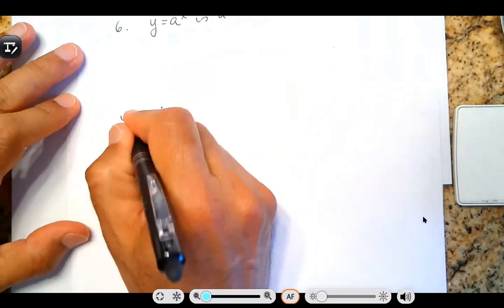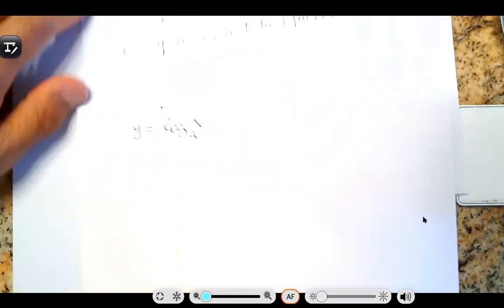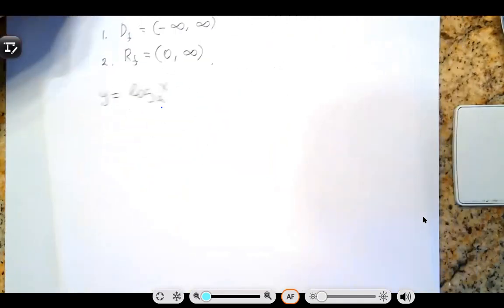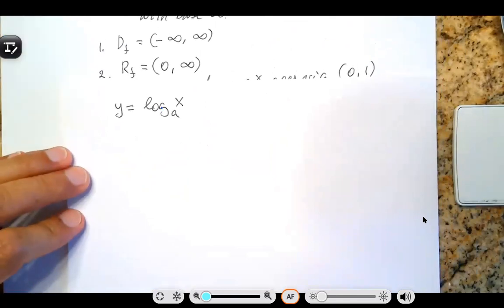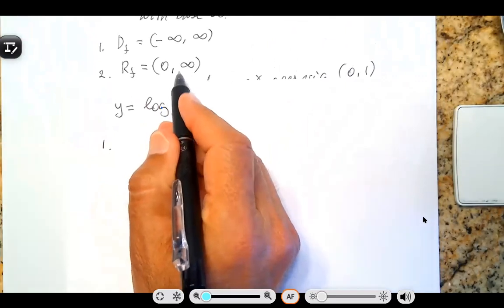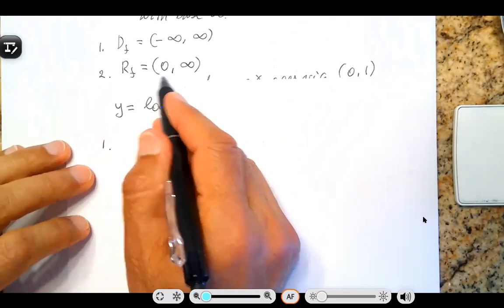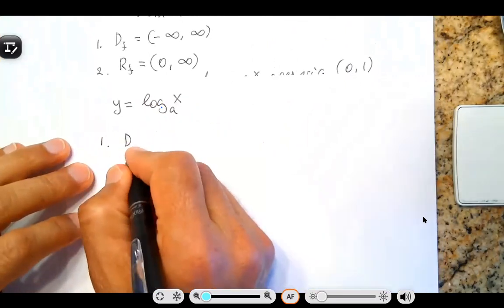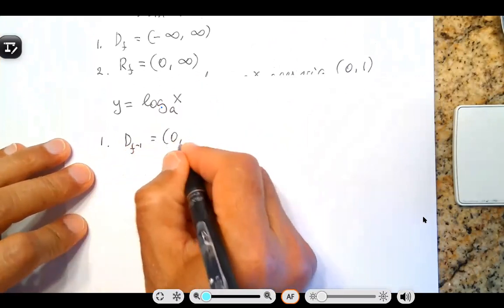So y equals logarithm x base a. We have to invert everything; whatever we had for exponential is the other way around. So number one, the range of the exponential becomes the domain of the logarithm. So the domain of the inverse equals positive real numbers.